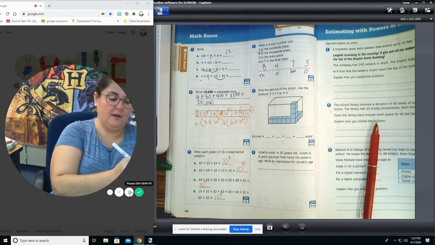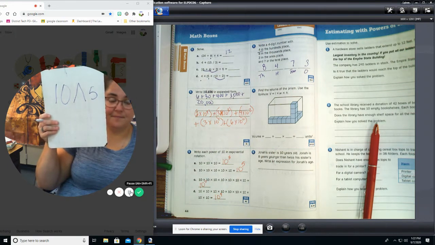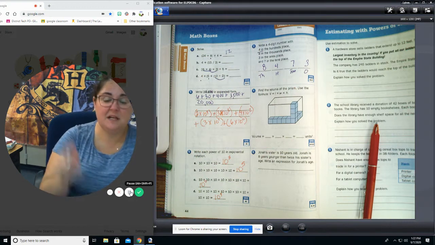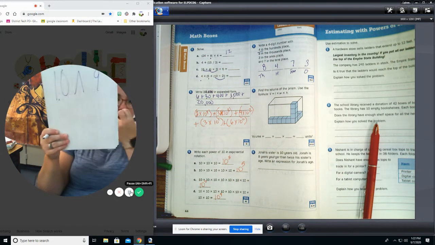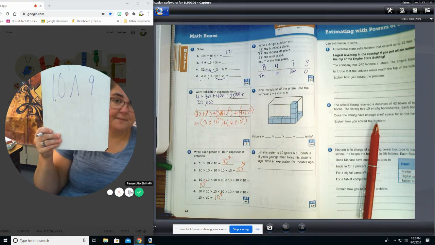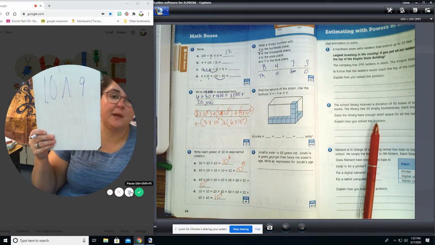And then you write your exponent. So this is the same as 10 to the 5th. Because you are home, it is harder to show the exponent. That is how I want you to do it. So 10 to the 9th, 10 caret 9. That's how it should look. That's how you make an exponent the way that I want you to make an exponent.